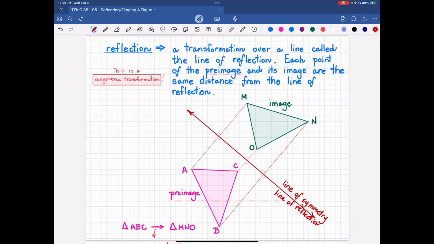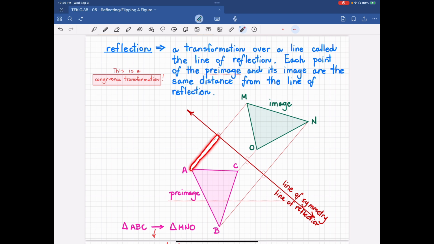The way we draw a reflection is we locate the vertices of the pre-image. I have A, B, and C. I draw a perpendicular line from each vertex to the line of symmetry.